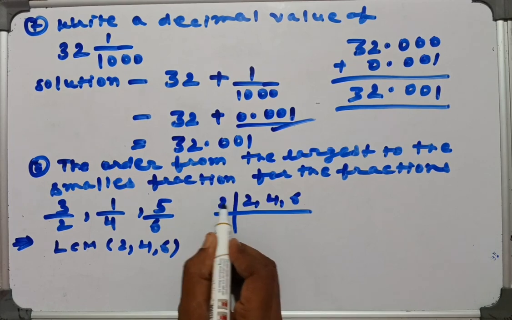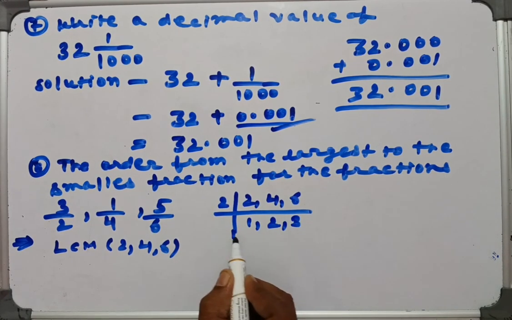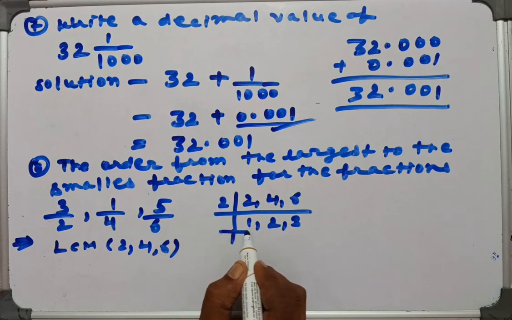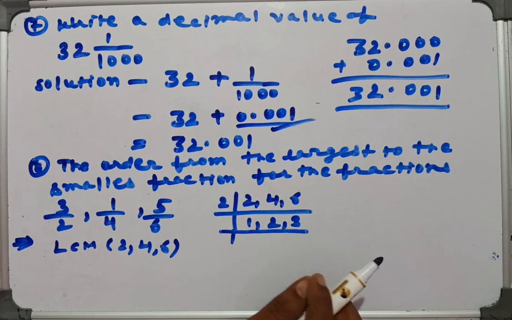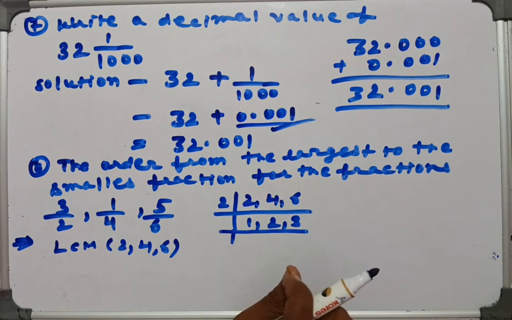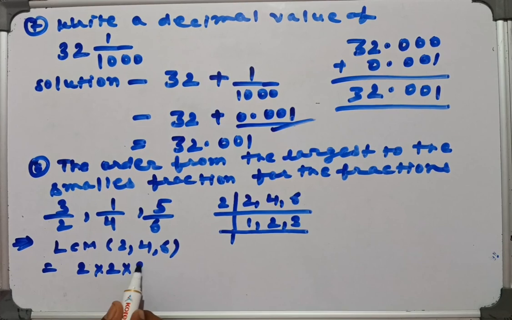Use here 2, 1, 2, 3. I am using the prime factorization method. I have already made a video on how to make the LCM. The link of that video is given in the description box. Okay guys, so LCM of these numbers is 2 into 2 into 2 into 3.